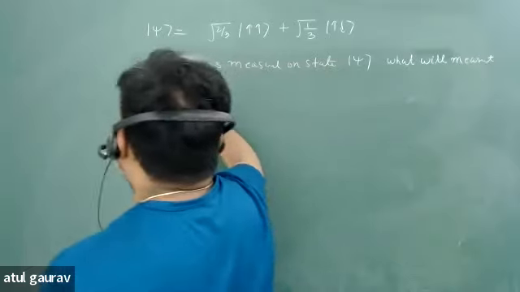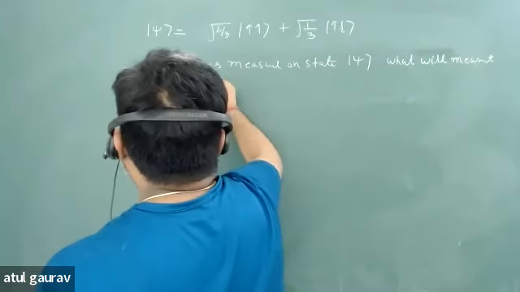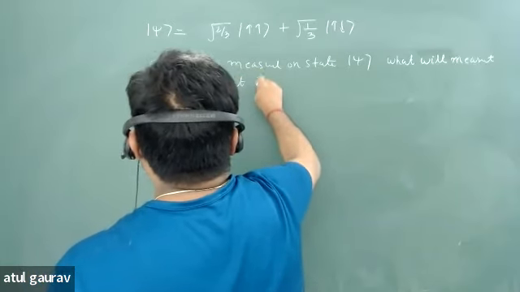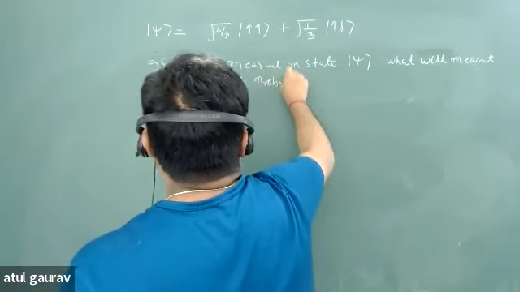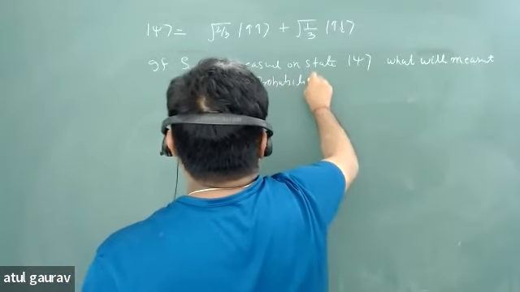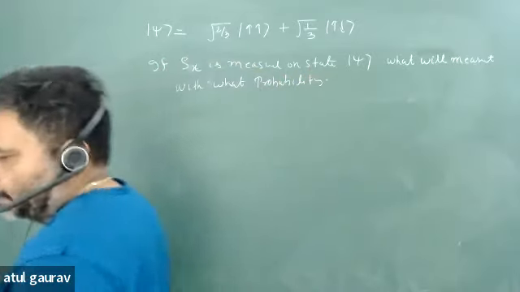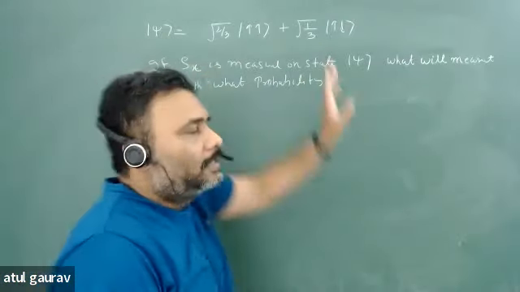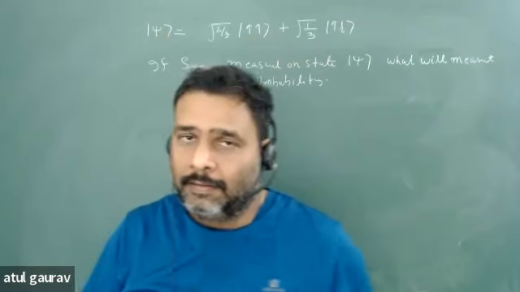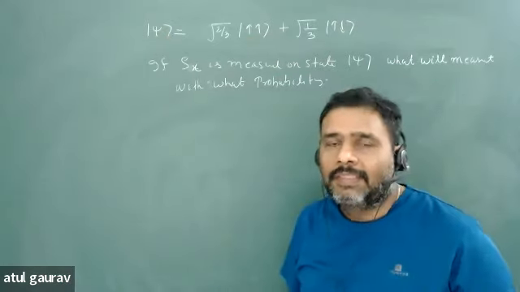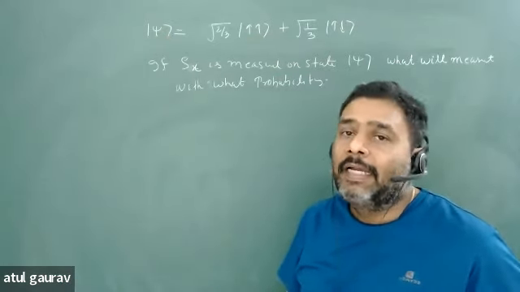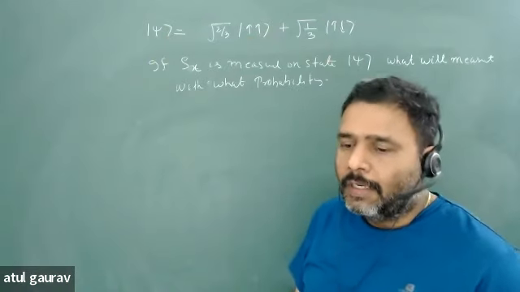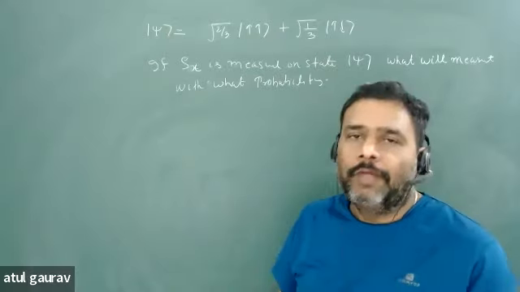This is my question. Now you can see this psi is not written in a basis of eigenstates of Sx. This is written in a basis of eigenstates of Sz. Isn't it? So we can solve this problem in two ways.